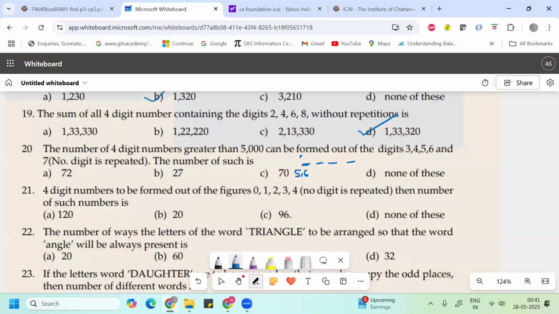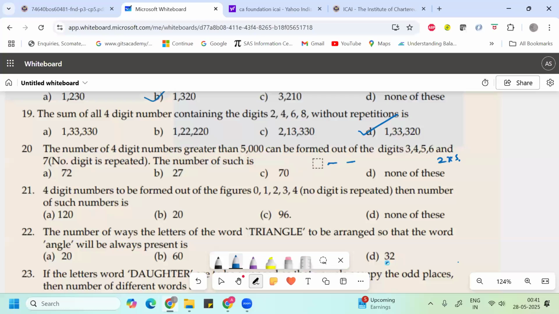Other digits lesser than 5 cannot come in this place because then the number would become lesser than 5,000. So you have used one digit. Now you have three digits which need to be placed in three places. So the answer would be 2 into 3 factorial. 3 factorial is 6. So 2 into 6.